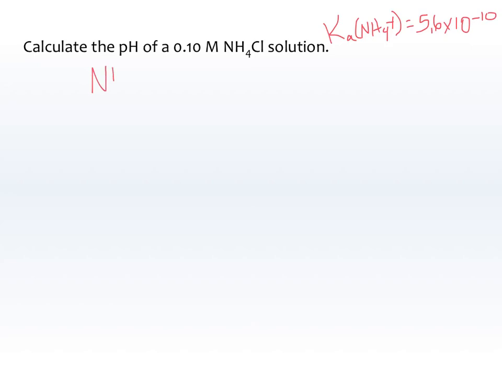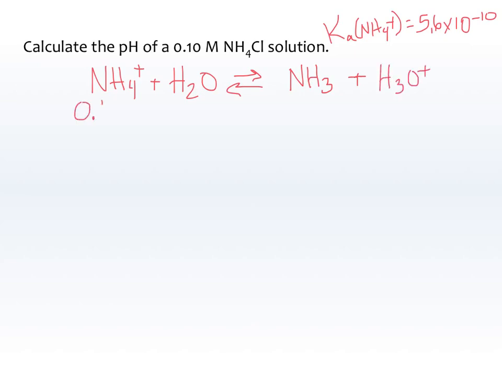So we have NH4 plus water. NH4 will not take a hydrogen from water. Instead, it will give a hydrogen to water. So it becomes NH3. And when you give a hydrogen to water, water makes H3O+.